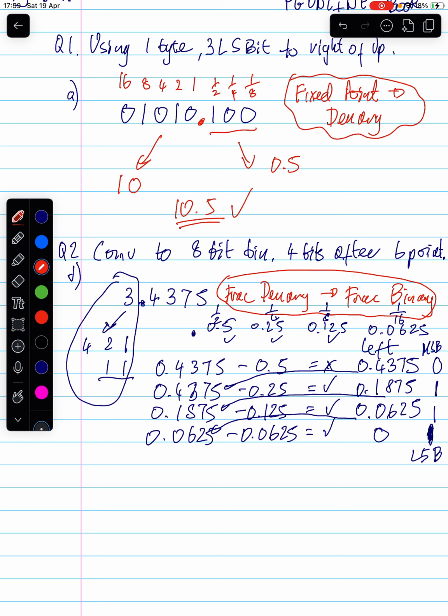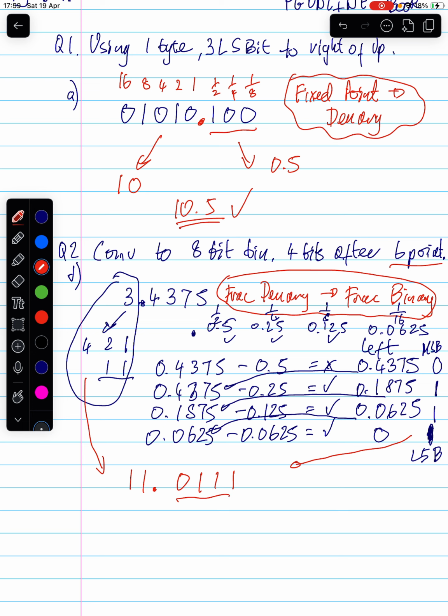So this fractional part we can bring together. Our 3 is 1, 1, and our fractional binary part is 0, 1, 1, 1. Let's just check. Convert to 8-bit binary number with 4 bits after the binary point.